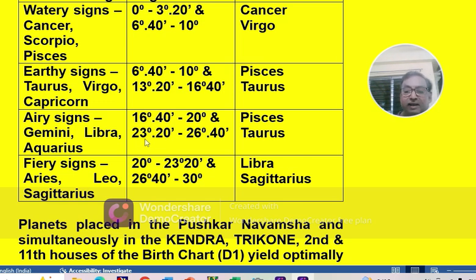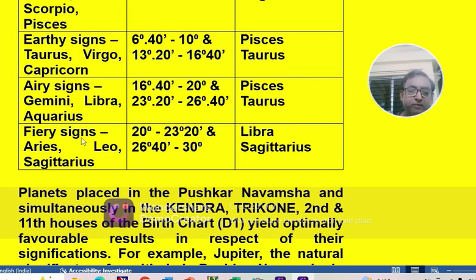And if any planet in the air signs Gemini, Libra and Aquarius is between 23 degree 20 minute and 26 degree 40 minute, this planet or those planets will go to Taurus sign in the Navamsha ruled by Venus. Isn't it?